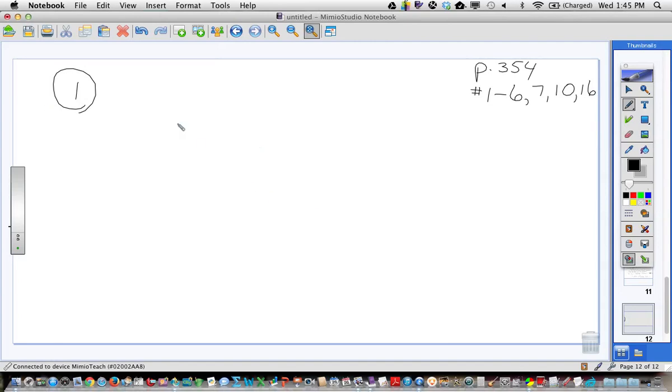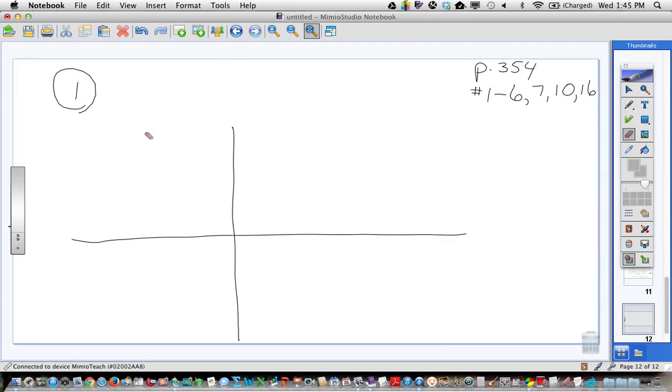All right. So number 1. On number 1, they give you a picture of a function, but they don't tell you what the function is. They just give you the graph. So we'll just have to read the points off of the graph. So we need to draw this somewhat carefully.